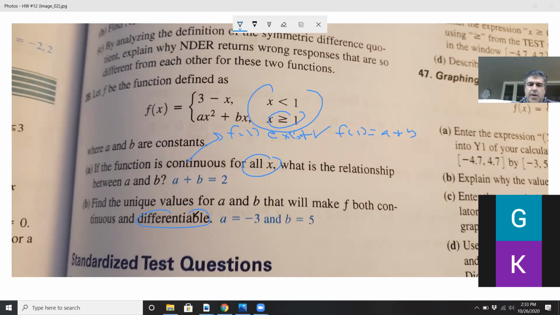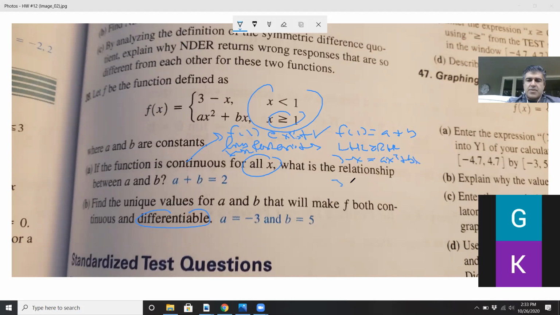before I get too carried away, remember also that you need the left-hand limit to equal the right-hand limit, because that's your second condition, right? Our second condition is that the limit as x approaches 1 of f of x has to exist. So you need the left-hand limit to equal the right-hand limit. So you need 3 minus x to equal ax squared plus bx.